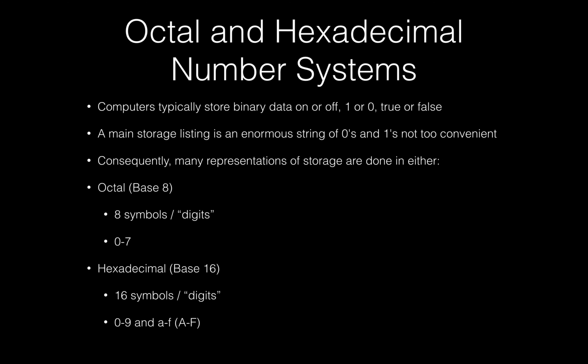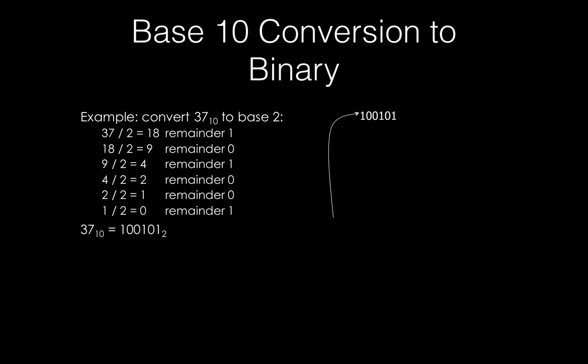So hexadecimal is base 16. It's basically the digits 0 to 9 and A to F, which give you 16, and base 8 is from 0 to 7. How do you convert? This is pretty straightforward.